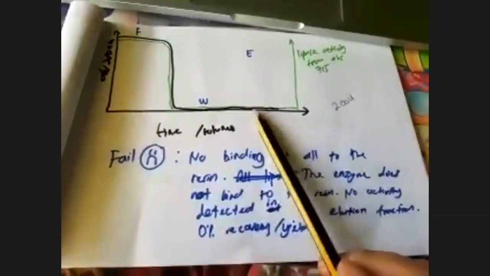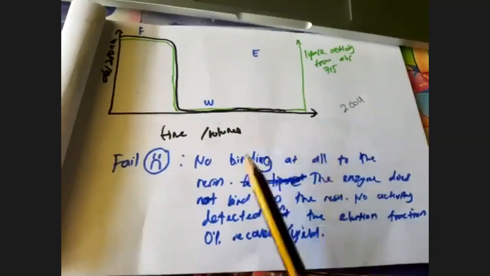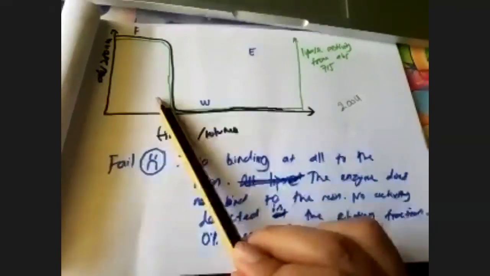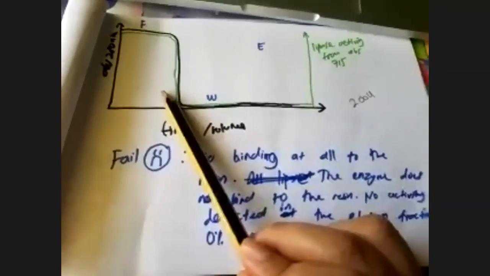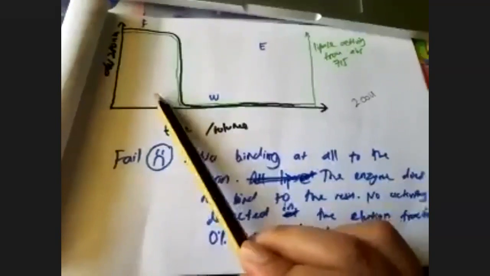You got nothing. For this case, we know the problem is binding affinity towards the matrix. There's no binding. How do we solve this problem? What happened?